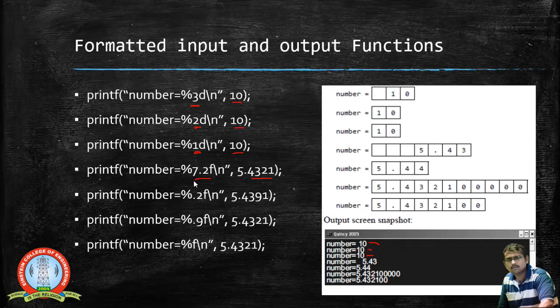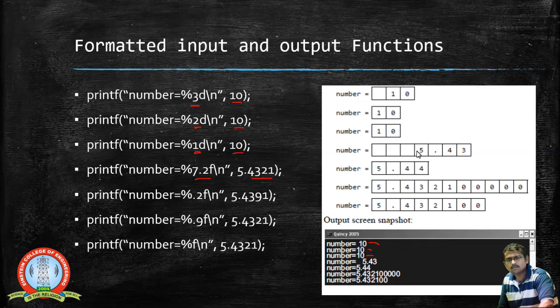Since I have given 7, out of the 7 the decimal point occupies 1 and 2 go after it, and the remaining 4 are allocated for the number before the decimal point.